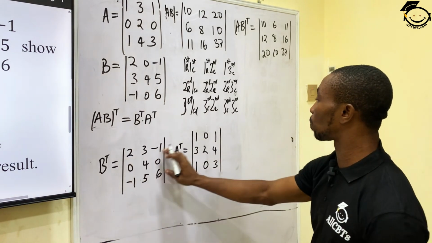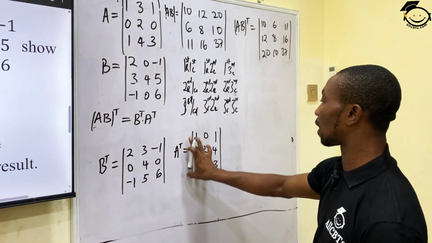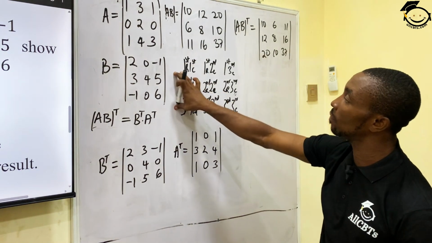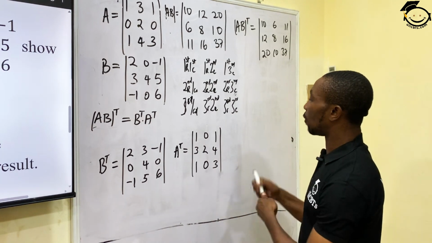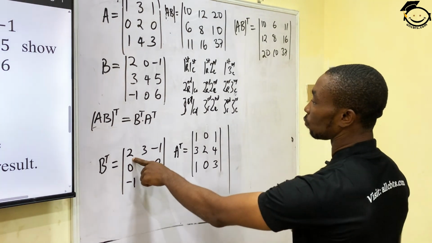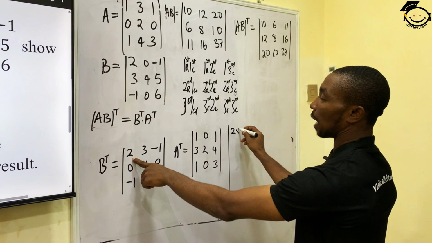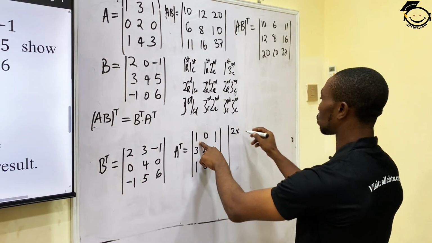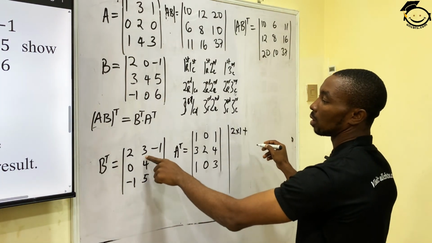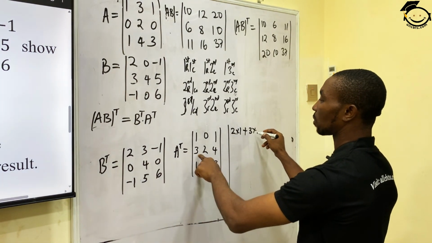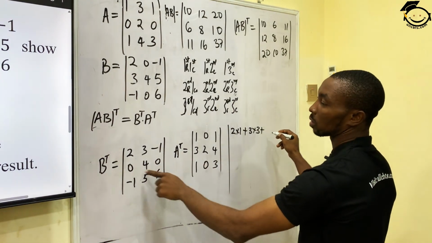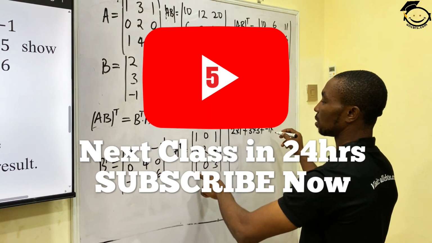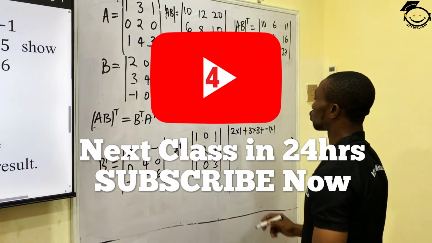So we are going to multiply our B transpose against our A transpose. And in doing that, we'll still be applying this rule. Our first row against first column: 2 times 1 plus 3 times 3 plus minus 1 times 1.